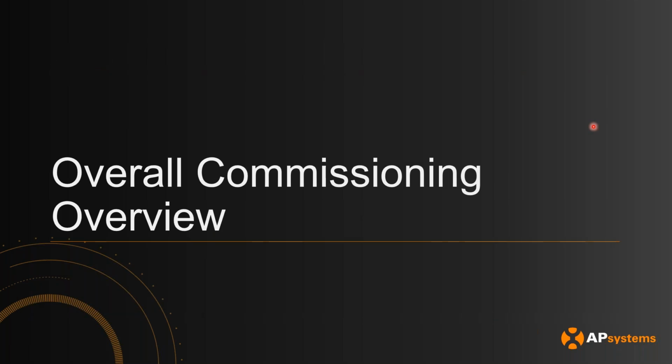All right. First, I'll talk a little bit about the commissioning overview. There are three important tasks that need to happen from a commissioning standpoint. One is connecting the ECU to the internet.